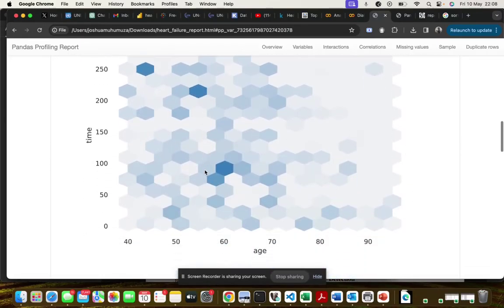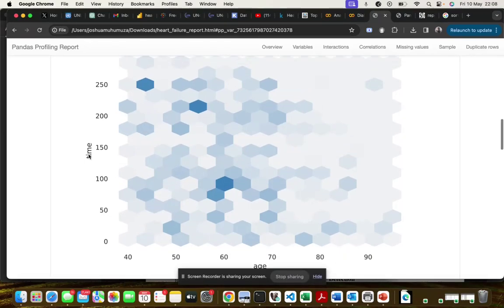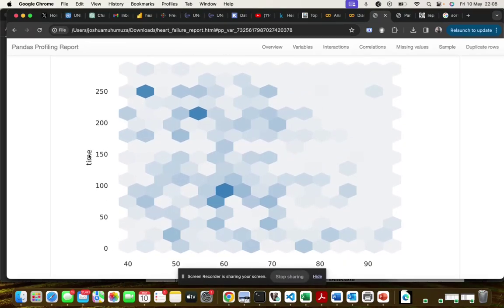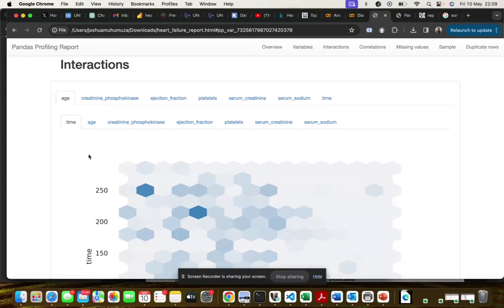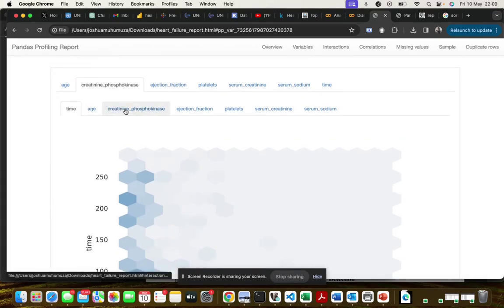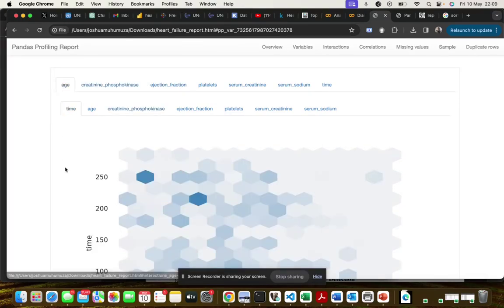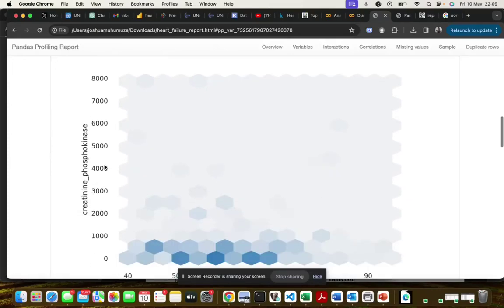For example, when you come here, you can see further how age is related with time under treatment. Let's use this with age, and yeah.